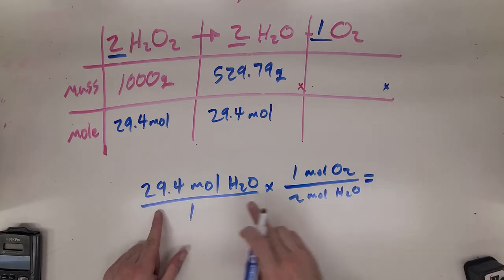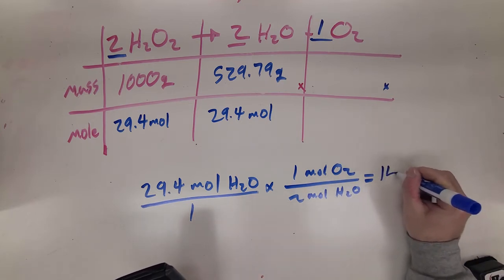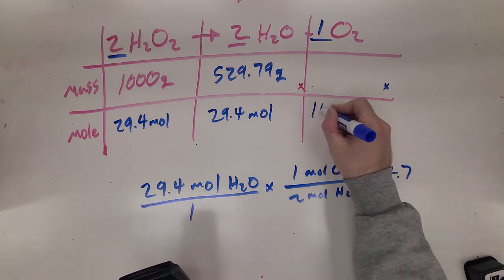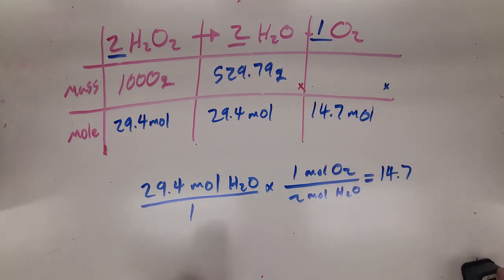So this is going to be half as many moles as the water moles that we begin with. So 29.4 times 0.5 gets you 14.7 moles of oxygen gas.